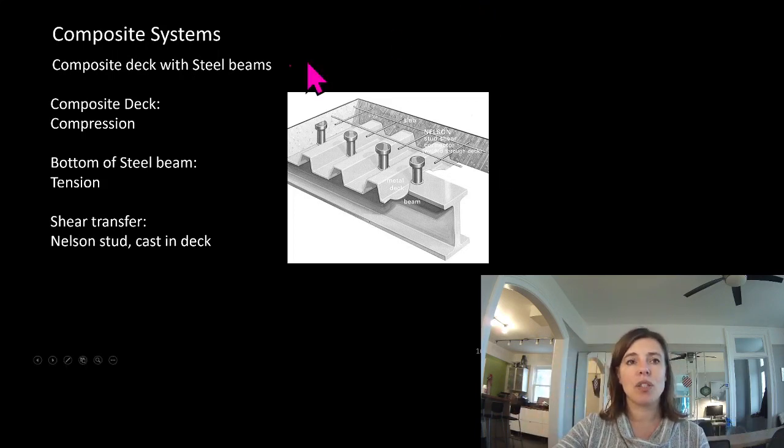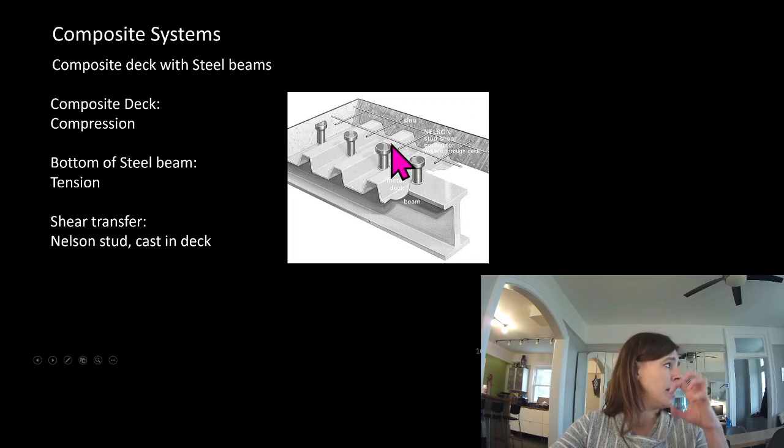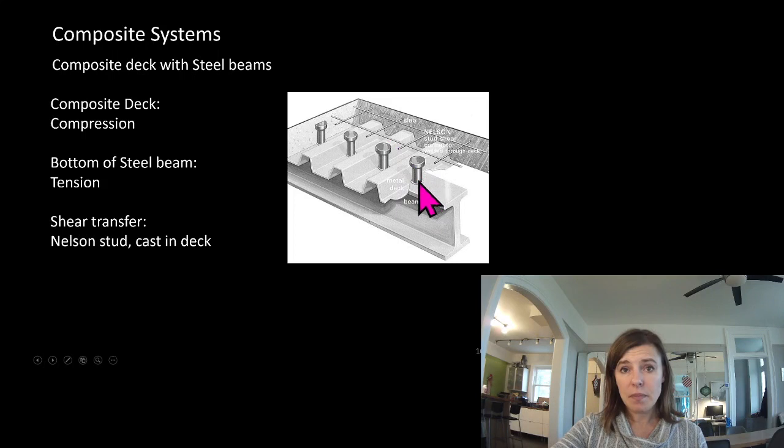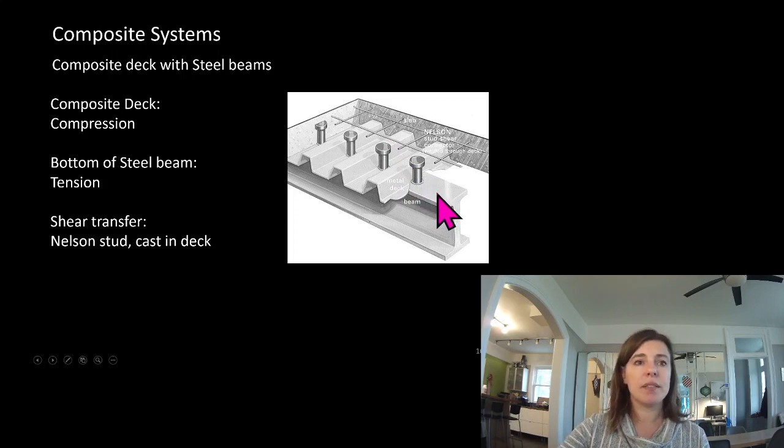So we make something just a little bit deeper. The concrete is doing the compression, the bottom of the steel is doing the tension, and then there's shear transfer because we've bonded this concrete around the Nelson stud, so it gets cast around it and grabs onto it, and then that gets welded onto the steel.